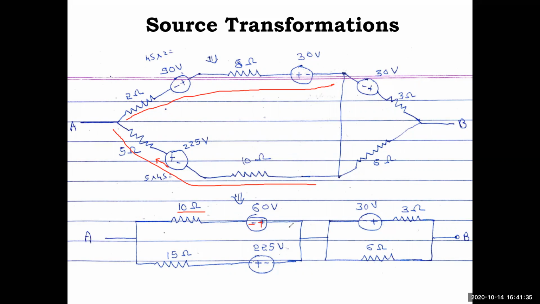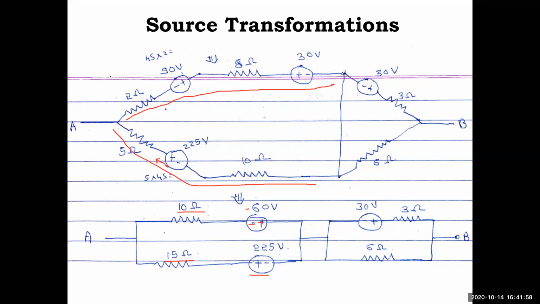If you want to write plus minus, you can write minus 60. Similarly the bottom one: 5 ohm and 10 ohm are in series, so straight away 10 plus 5, 15 ohm, and there is no voltage source connected here.